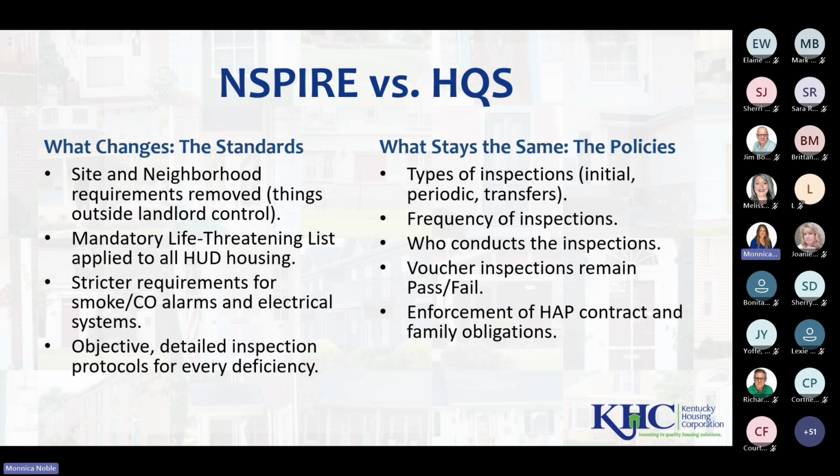Policies and frequency will not change at all. Who's going to perform the inspection? That's not going to be anything that will need to change. And voucher inspections will remain pass or fail. Enforcement of the HAP contract and those family obligations continue unchanged.